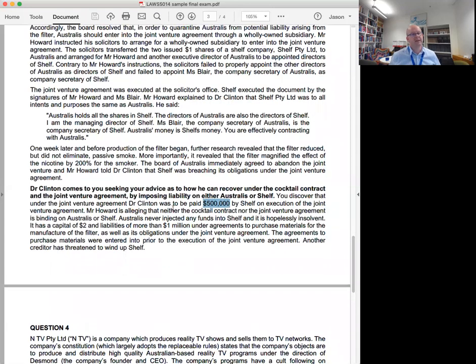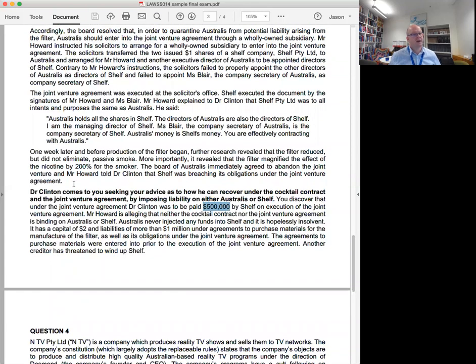Now, the problem is that it's possible that Australis has been supporting Shelf, in which case maybe it wasn't insolvent when it entered into the joint venture agreement, because Shelf was getting the support of Australis.